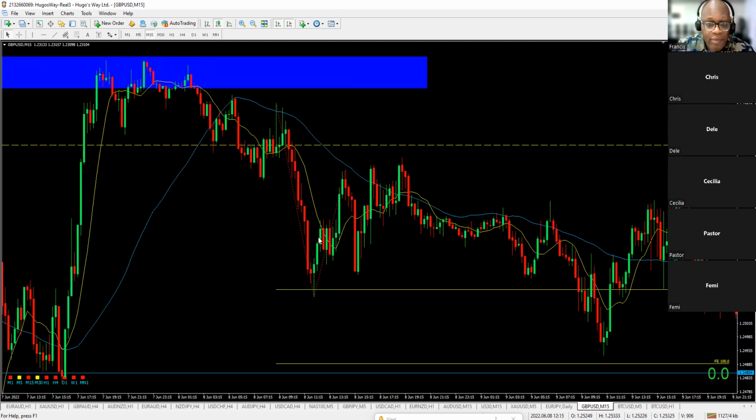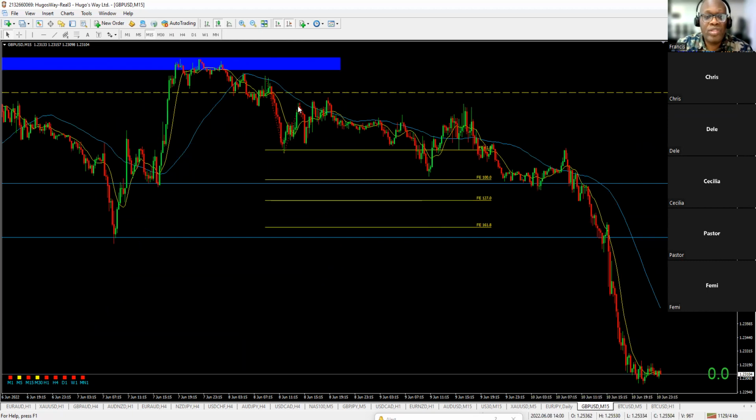Now we know it pulled up that far, came down, went up, came down, went up, but that should not be our concern. The very first pullback is what to use. It starts here, came down here, went that far. And in the process, it projected these levels.